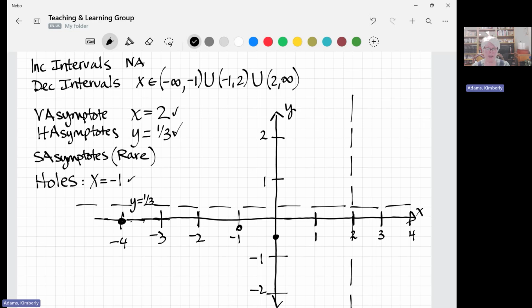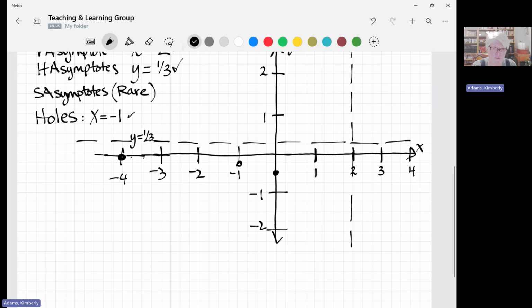Now I've got to connect the dots, so to speak. I know from my limit behavior that when I get close to 2 from the left-hand side, it gets close to -infinity. This function has to be continuous. It's got a hole right there, but it's going to look like this.